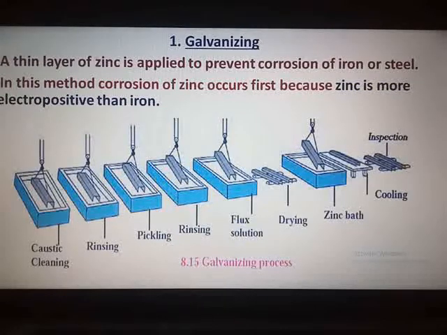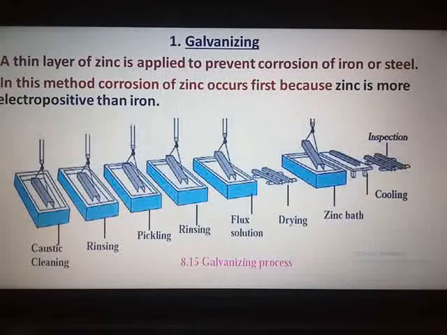You cannot totally prevent corrosion, but you can delay it. When the zinc layer goes away, iron will come in contact with the air and get corroded, but the process is delayed by galvanization.